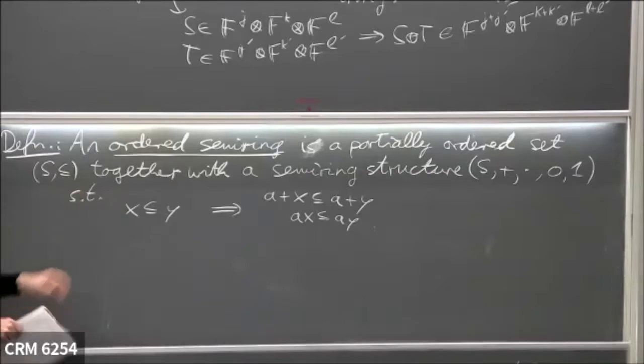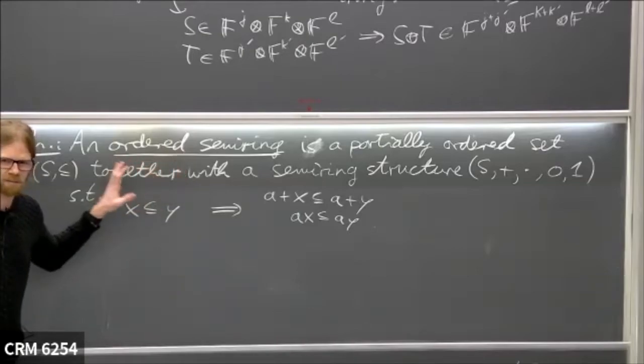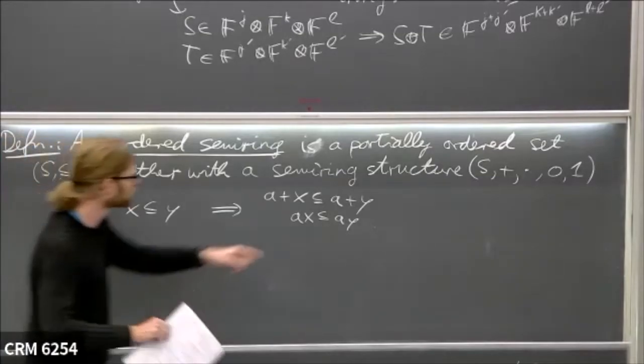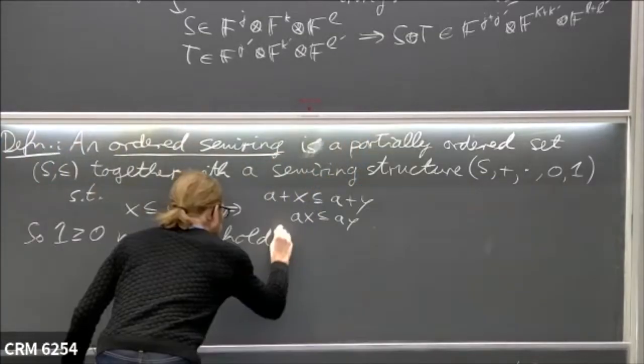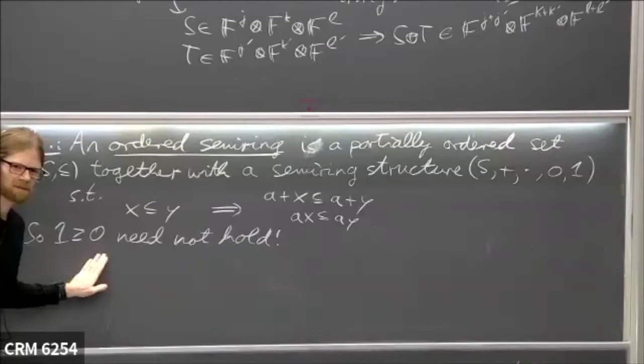And in particular, my notion of order semiring, and this is actually important for some of the applications, does not have 1 greater or equal to 0. So I'm not assuming that the two neutral elements here are ordered. Maybe I can already anticipate this and mention what the examples are in applications where this would not hold.